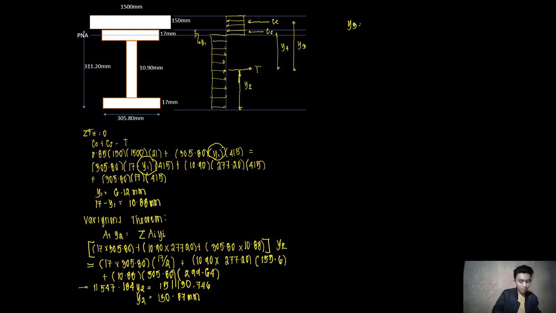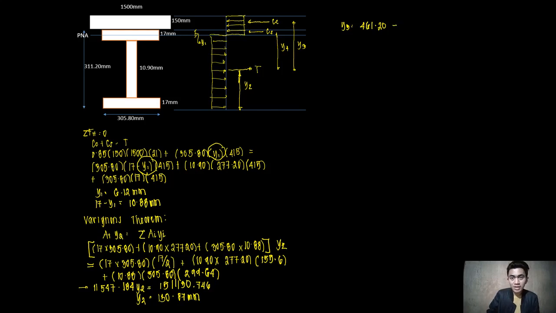Y sub 3 will be, the total length is 311.20 plus 150, equal to 461.20.